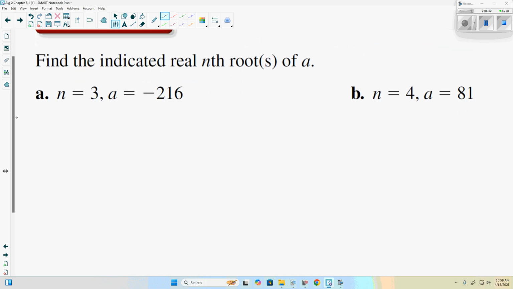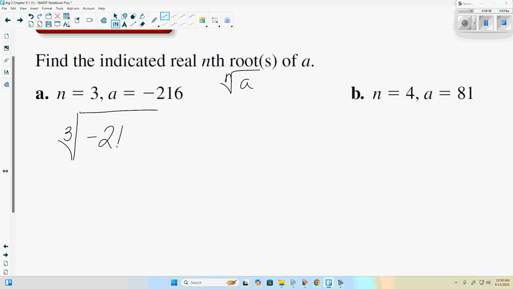Find the indicated real roots, nth roots of a. So we have our radical. Now with a, it says that n is 3. And again, we're working with the nth root of a. So our index for this first one is 3.